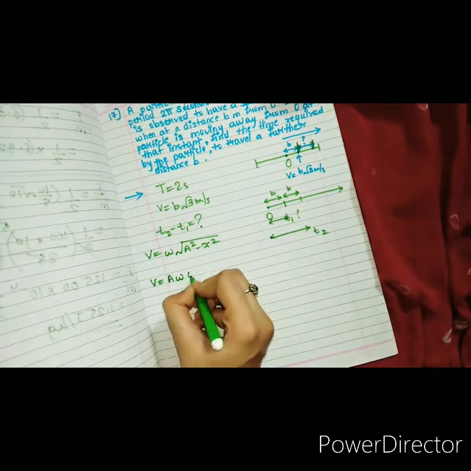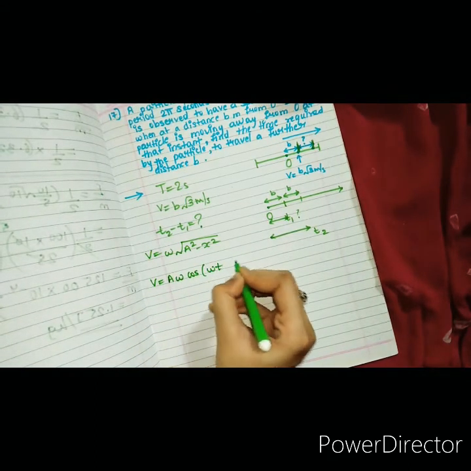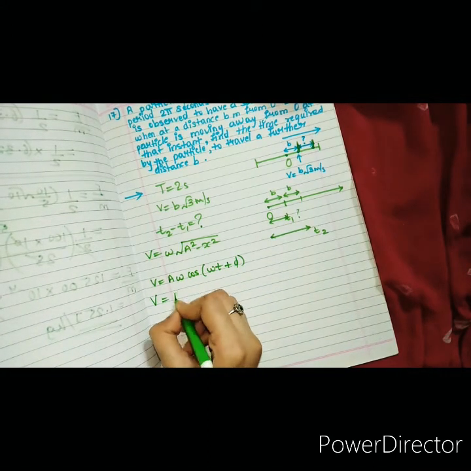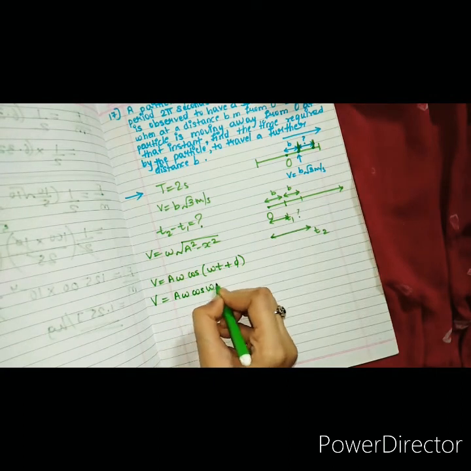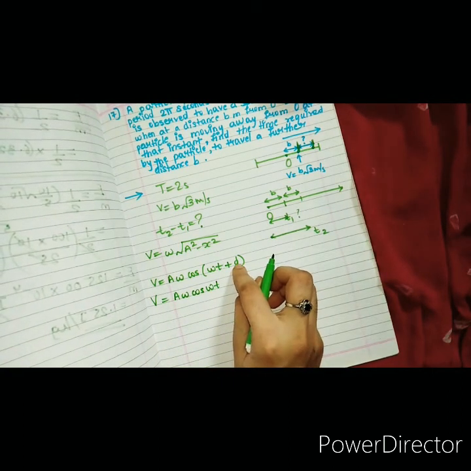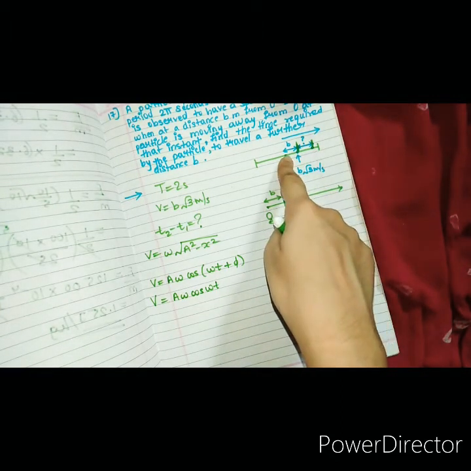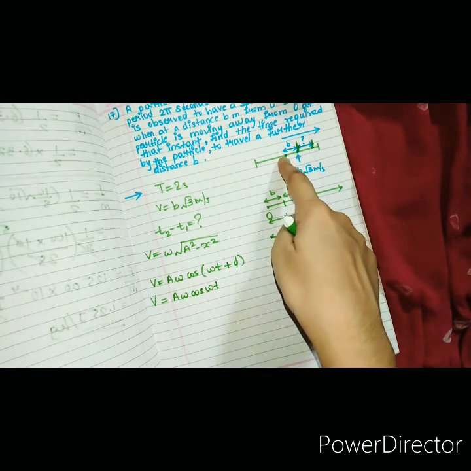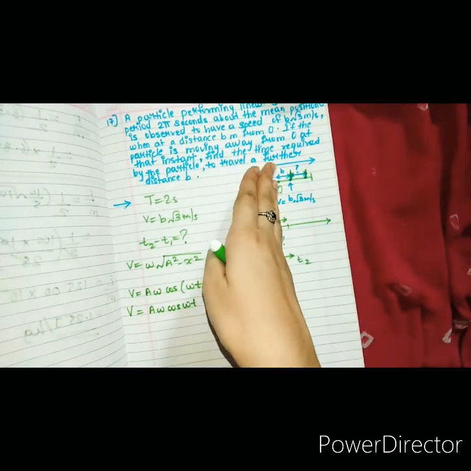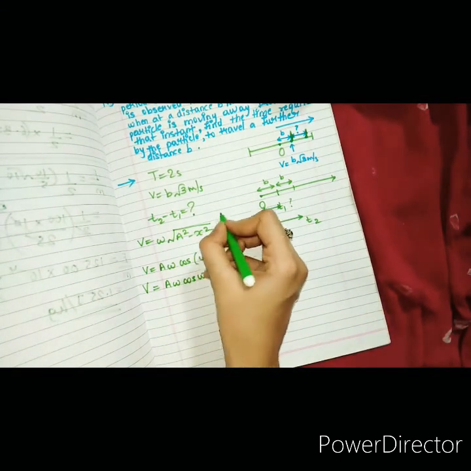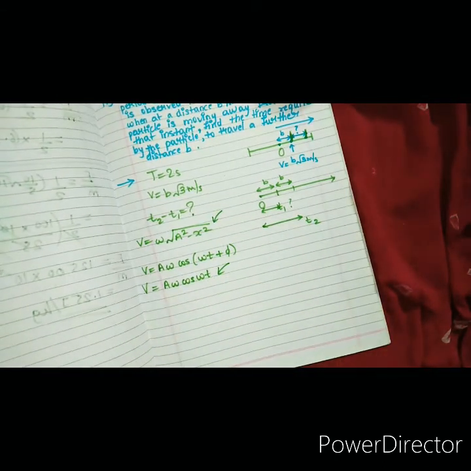That becomes a omega cos omega t, with phi as 0. When the particle starts its simple harmonic motion or oscillation from the mean position, we take phi as 0. So these are the two formulas using which we can solve.